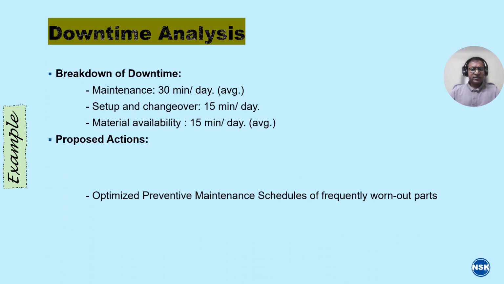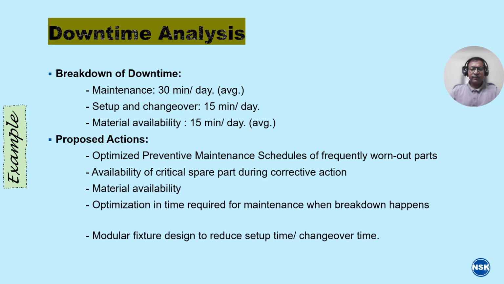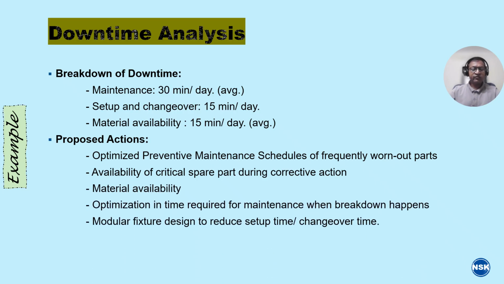Downtime analysis. An engineer conducted operational research and observed the following planned downtime losses. The breakdown of planned downtime is maintenance 30 minutes per day on average, setup and changeover 10 minutes per day, material availability 20 minutes per day. In view of increasing the availability time, the engineer has decided on some actions.